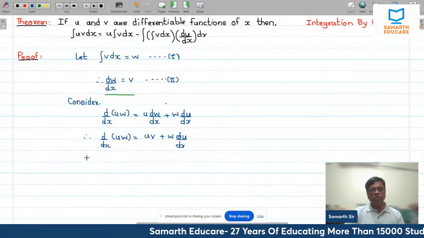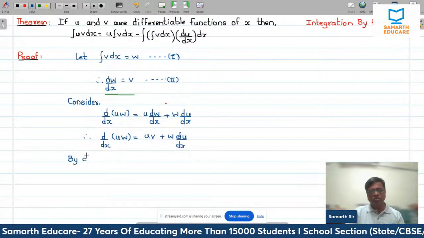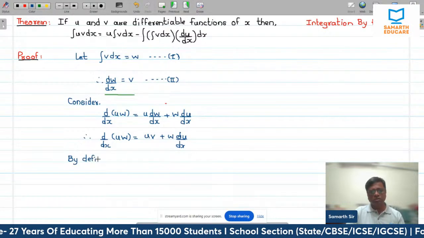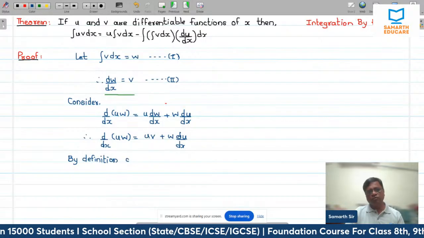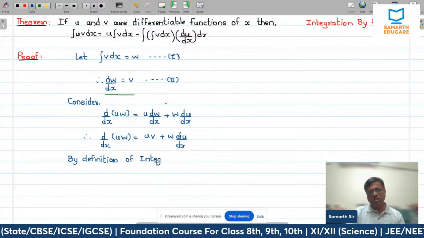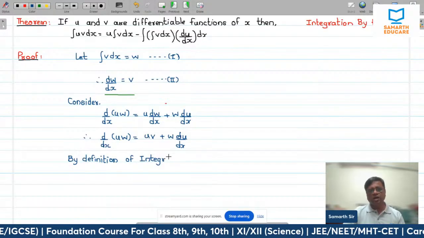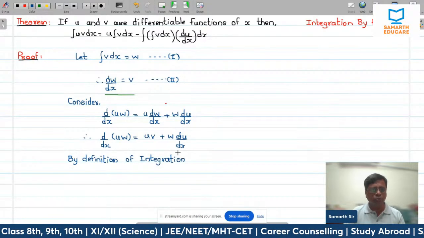Now, according to the definition of integration, इंटीग्रेशन का डेफिनेशन क्या बता रहा है. जैसे यहाँ पे हमने देखा था w का डेरिवेटिव अगर v है तो v का इंटीग्रेशन w हो जाएगा.